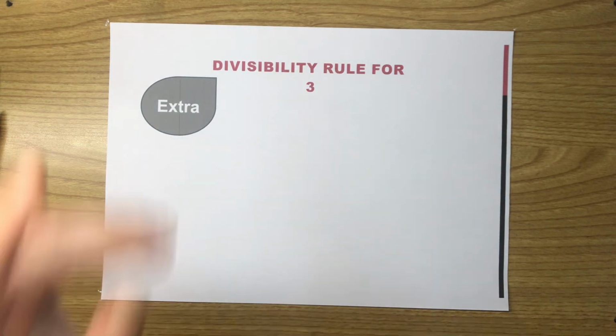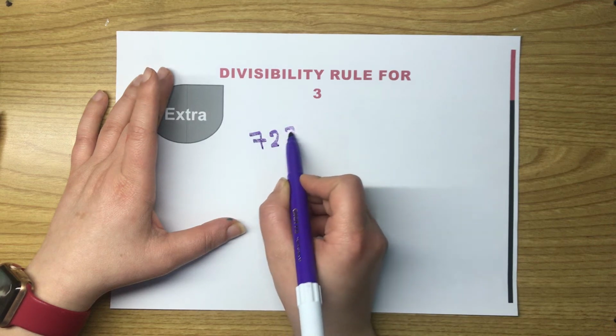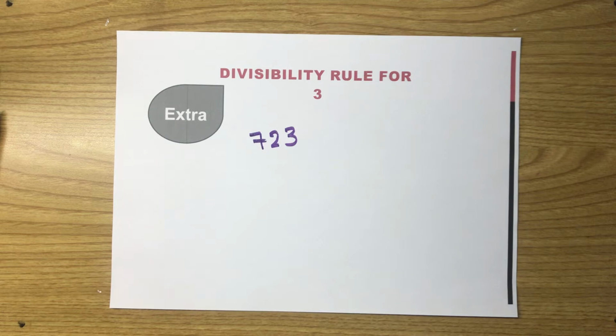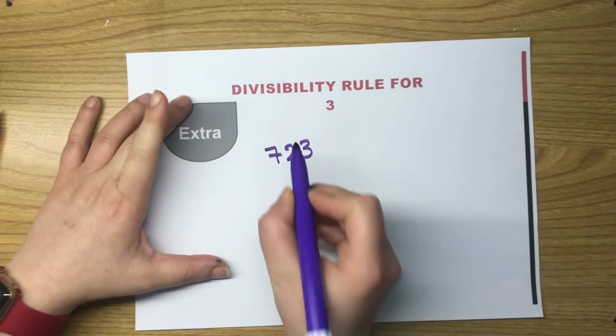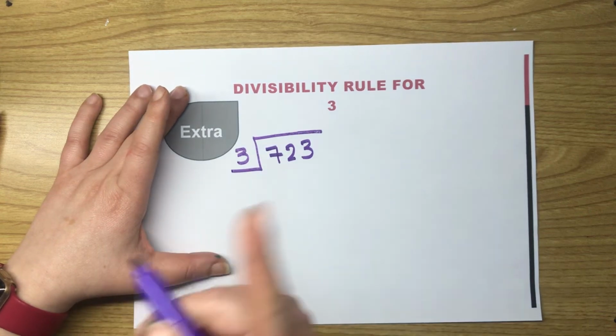I'm going to show you that, which is 7023. This number, 7023, is going to be divisible by 3. I dare you. Do you want me to show you? I will, by using long division. There will be no remainder.